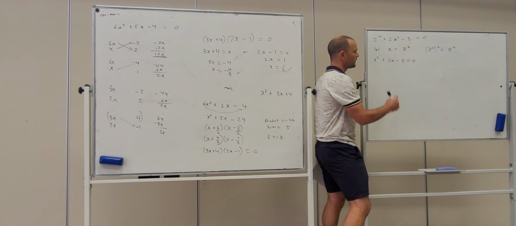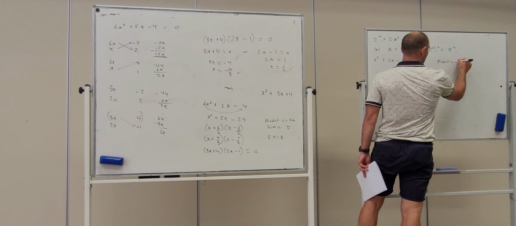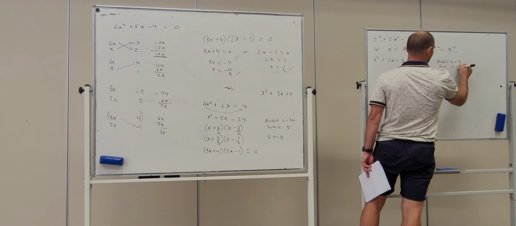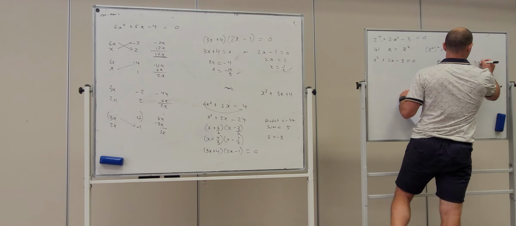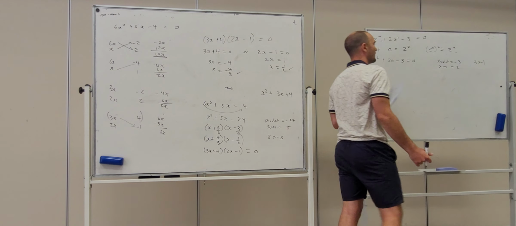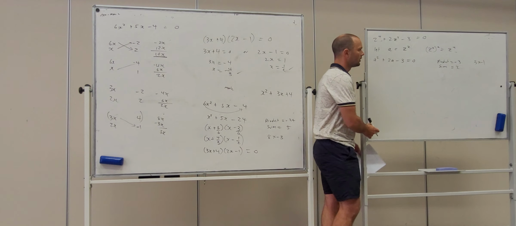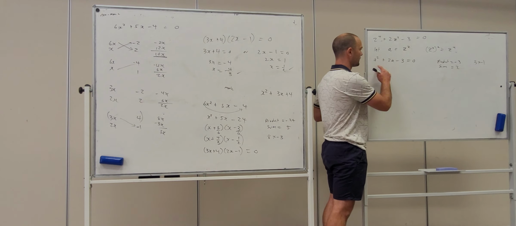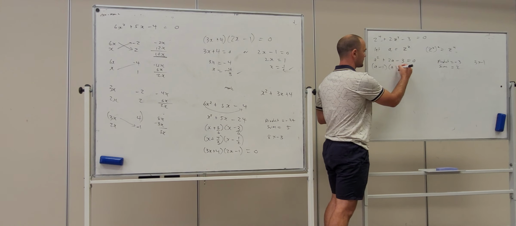We're looking for two numbers whose product is minus 3 and sum is positive 2. So factors of minus 3: 3 and 1, and we have to make one of them negative. We make the 1 negative, so that 3 plus minus 1 gives us positive 2. Okay, so that means our factors are a take 1 and a plus 3.